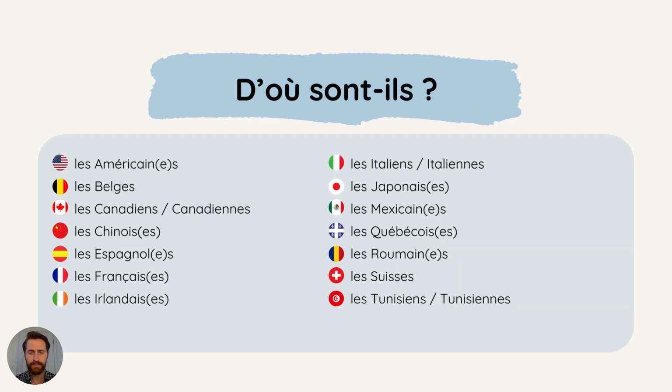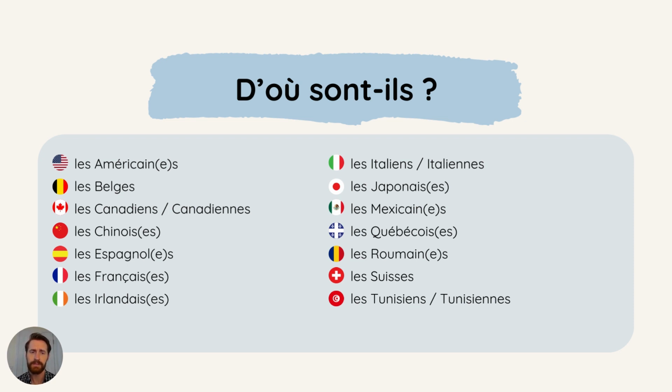So those ones were hopefully pretty easy. Here we have another list of some common nationalities. Of course, we already know les Américains ou les Américaines. Just remember that here, whenever you see an E in parentheses, that's how we make it feminine.